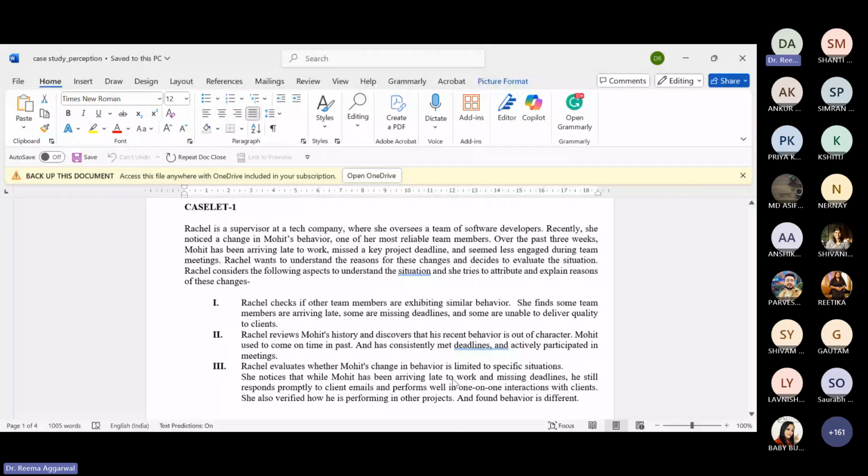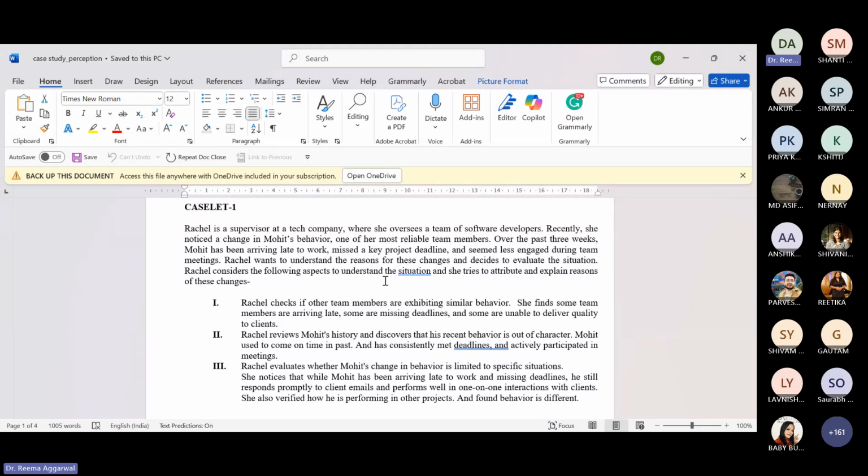Now, I have given access to the mic. This case study is about Rachel. In this case study, it is given that Rachel has noted certain changes in Mohit's behavior. To understand why this change is happening, she's trying to research certain things about Mohit.